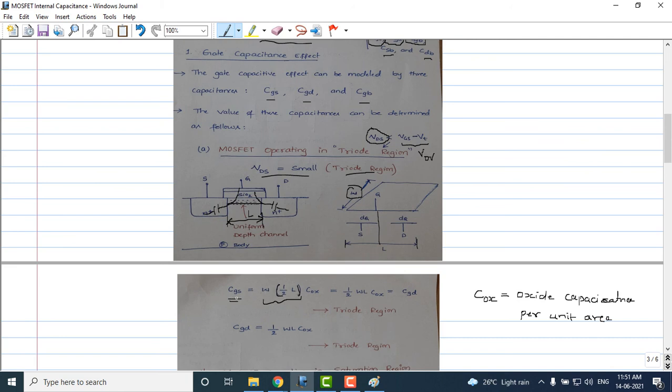That gives me the total gate to source capacitance. So this can be written as half of WL into COX, and here since the channel is uniform, CGS will be equal to CGD. This is the capacitance for the MOSFET when it is operated in the triode region. So CGD also can be written as half of WL into COX.